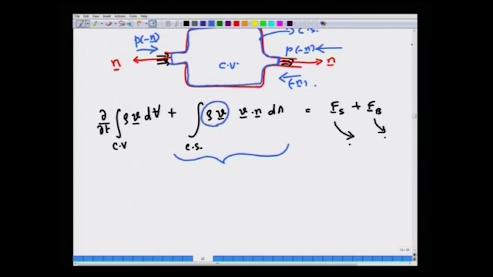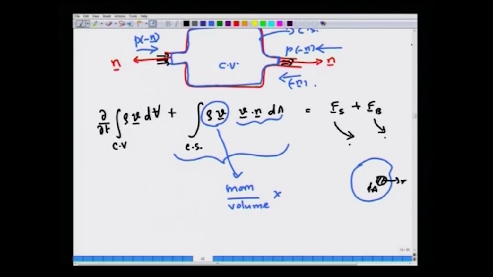Rho v is the momentum density. Okay, this is momentum per unit volume. Times V dot n dA is the differential volumetric flow rate. Suppose you have a control volume and you have a tiny patch dA and this is the unit outward normal.